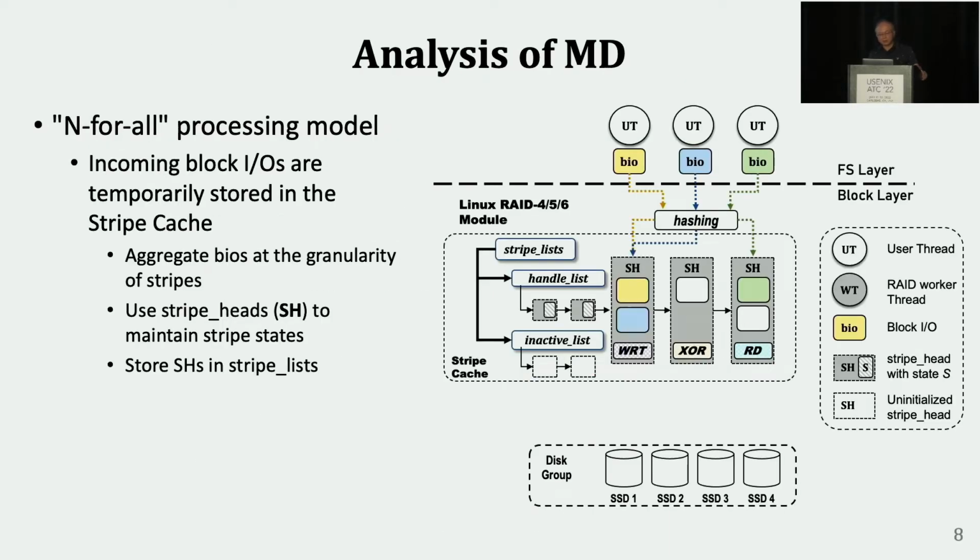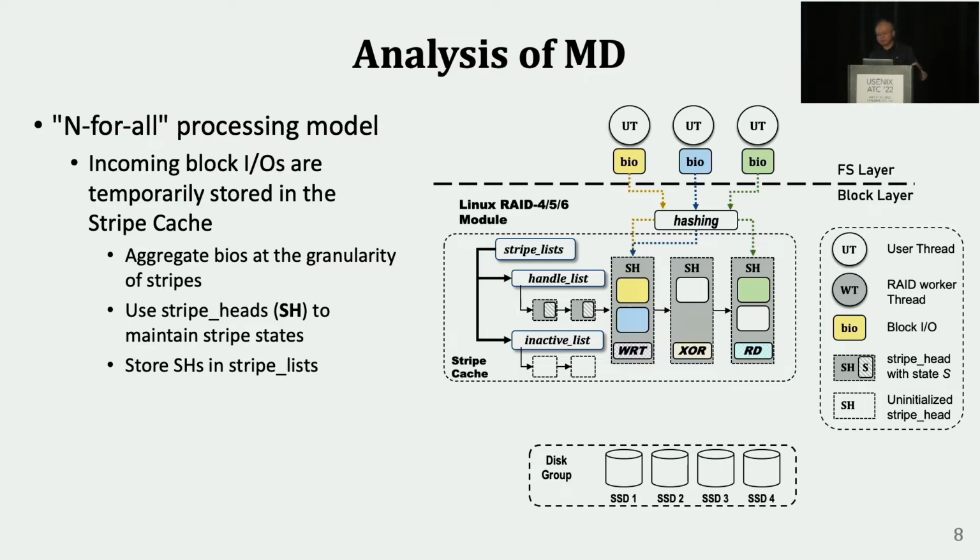So to find the root cause of this write inefficiency of MD, here we analyze the architecture of parity-based MD. MD introduces an N-for-all processing model to handle stripe write tasks, where N represents multiple worker threads that process all stripes concurrently.